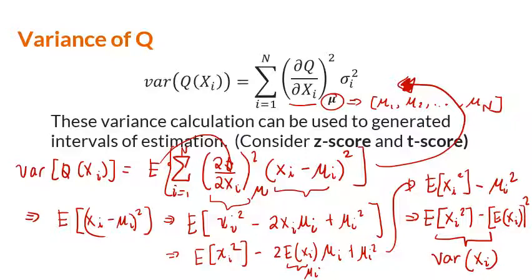So meron kang, kung naalala pa, negative z alpha over 2 less than the z-score nung kung ano man yung variable na gusto mong tingnan. So let's say mean of q of x or q of mu.